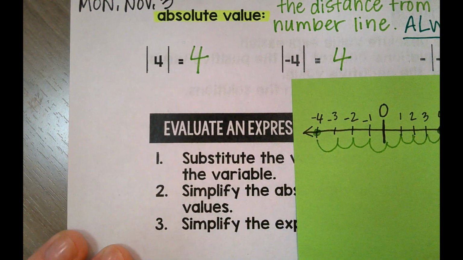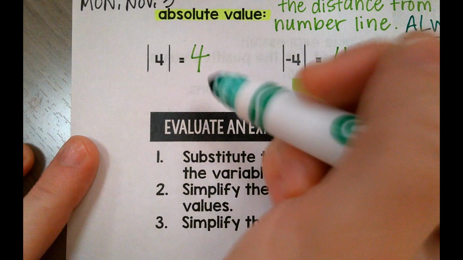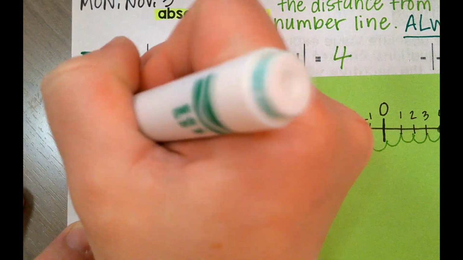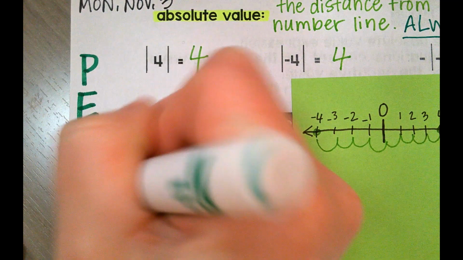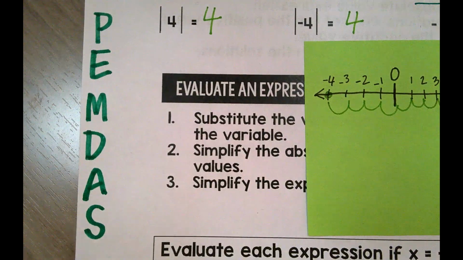The order of operations just tells you what do you do first in a math problem? What do you do second, third, fourth, fifth? And that is P, E, M, D, A, S. This is your PEMDAS.